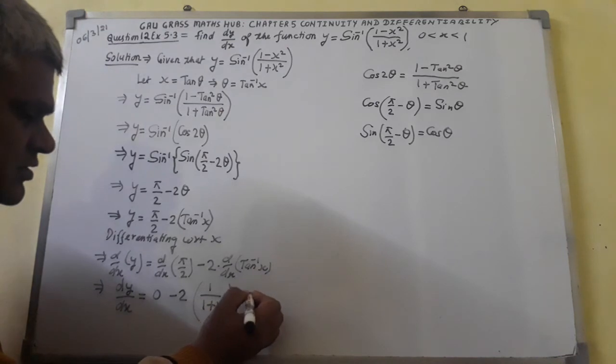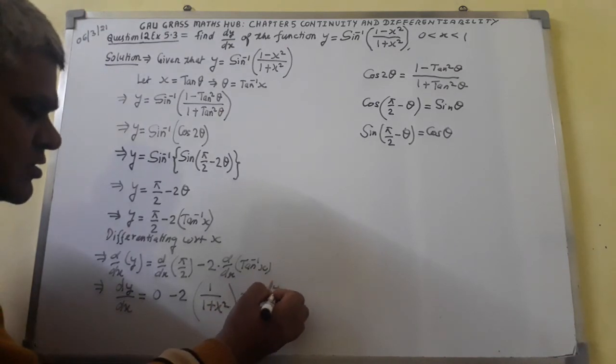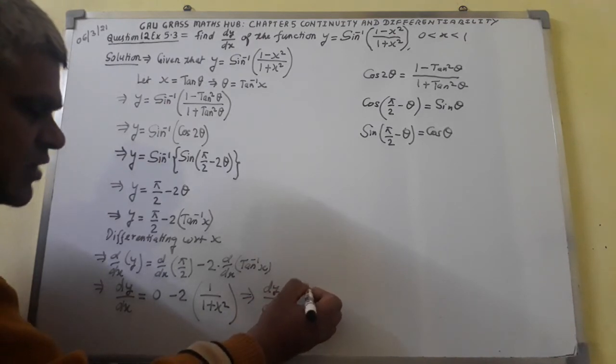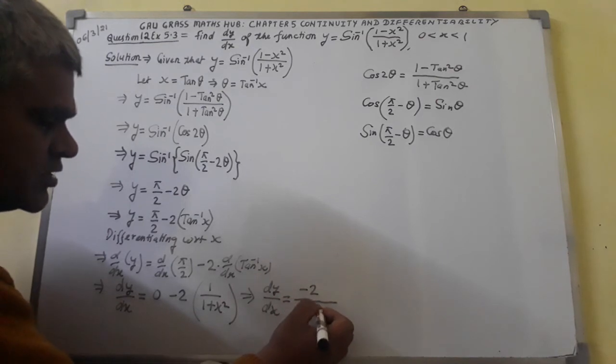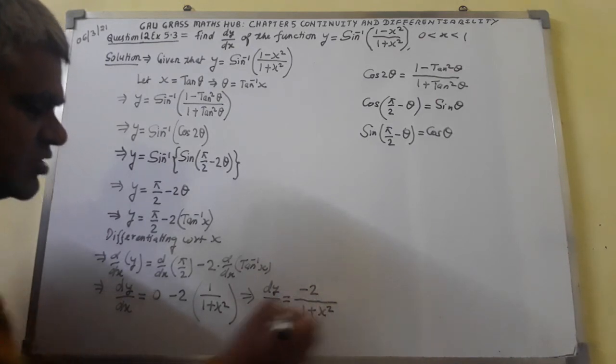And now the final result will be dy over dx is equal to minus 2 over 1 plus x square you have got.